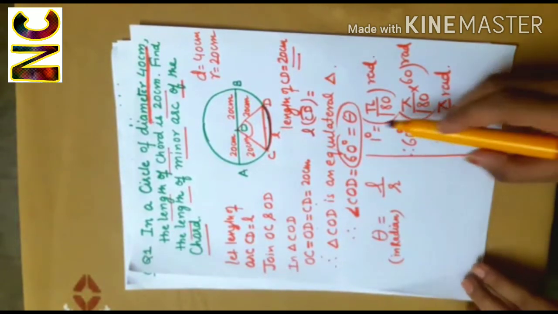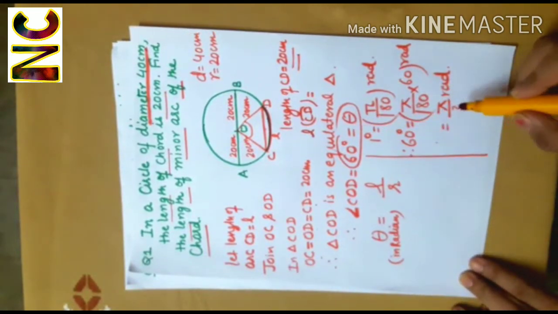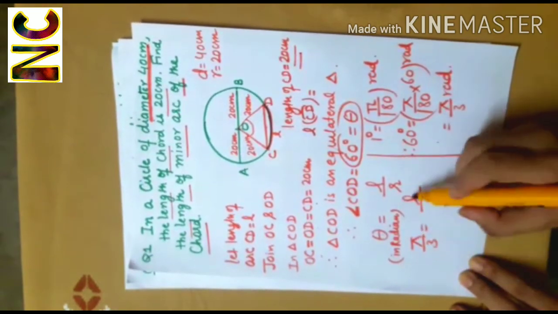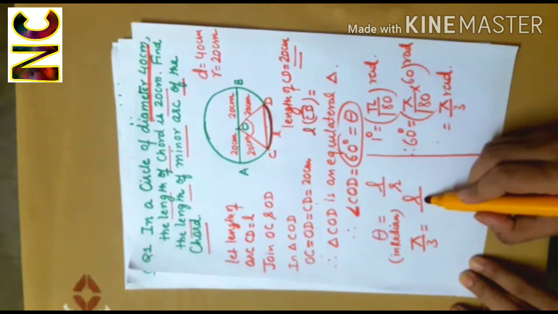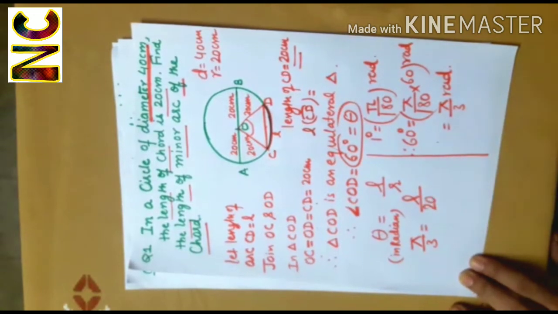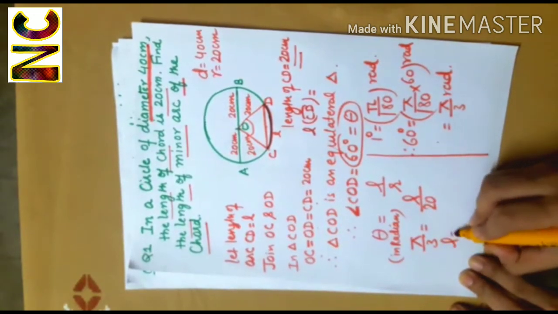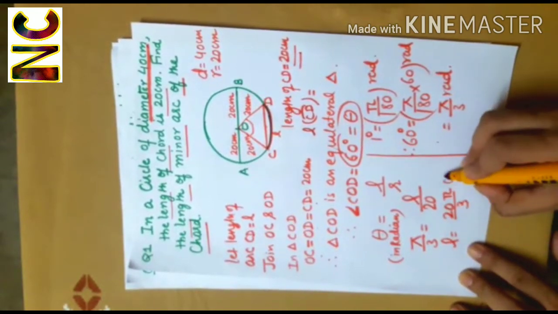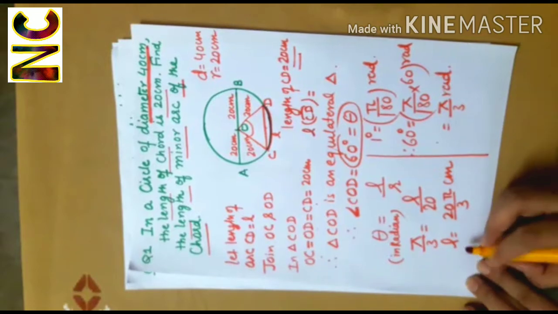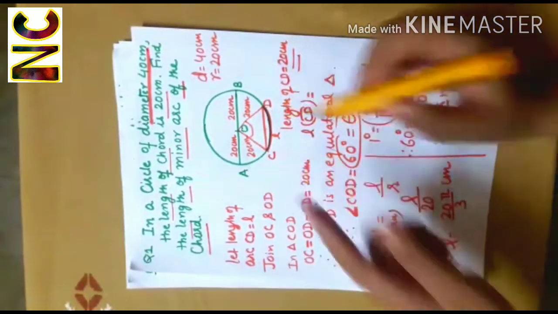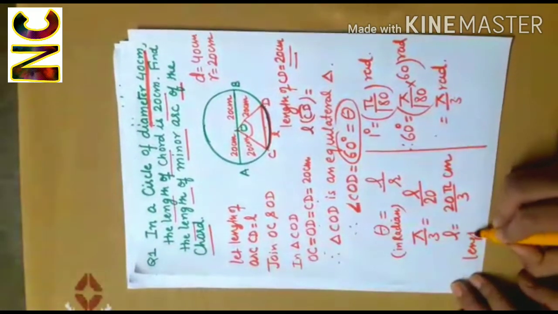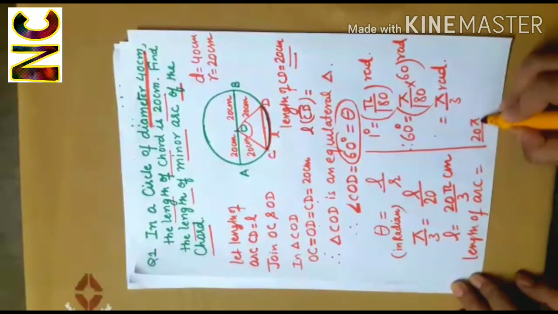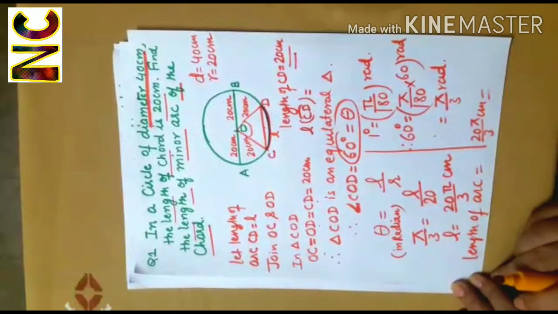So theta is pi by 3. L we need to determine, and R is 20 centimeter. So from here L will be 20 pi by 3 centimeter. So the length of the arc is 20 pi by 3 centimeter.